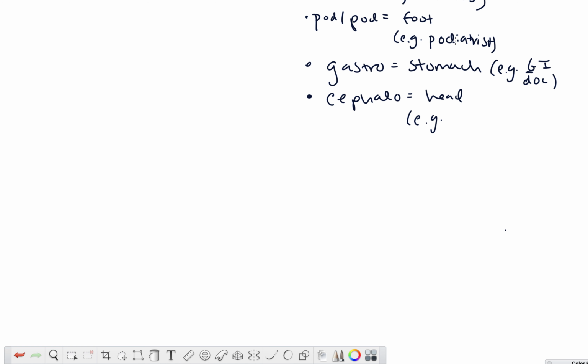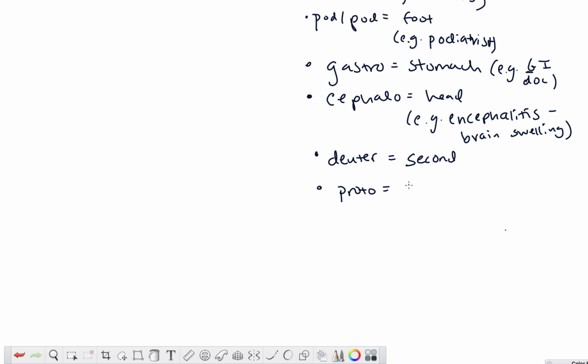For example, you might have heard of encephalitis, which is like brain swelling. You have deutero, which means second. Proto, which means first. You can remember that, like prototype, first version of something.